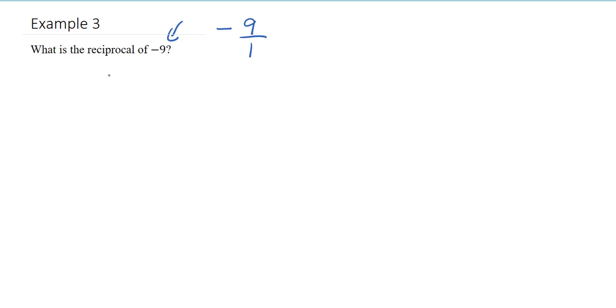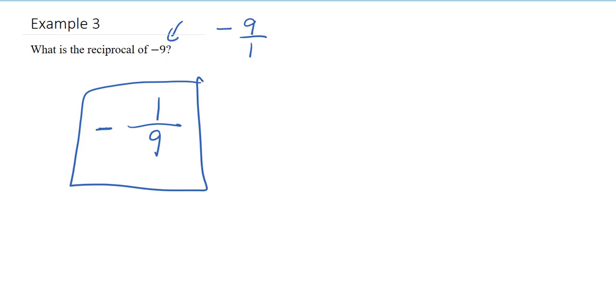So the reciprocal would be, we put the top to the bottom, so that's 9, and the bottom to the top, so that's 1. And we're going to keep the sign, because we kept the positive sign in the last 2 examples, so we keep this sign, which is negative, so it's -1/9.